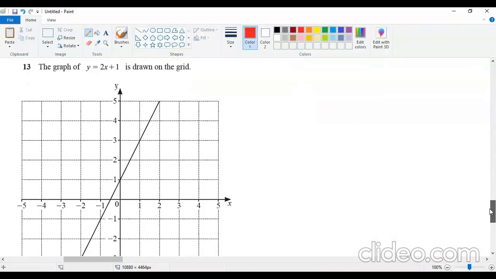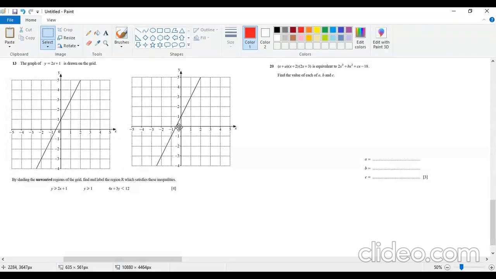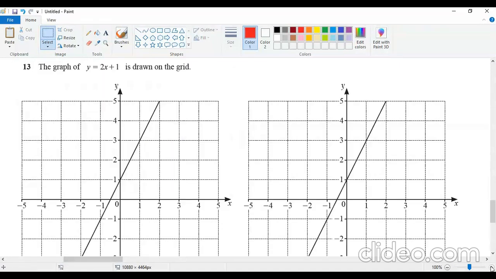So this is going to be your answer. Now for question number 13, there is a little trick I am going to apply, as the answer for this is going to be complicated. I am making a copy of it so that I can show you the final answer of this question. Now it says the graph of y equals 2x plus 1.